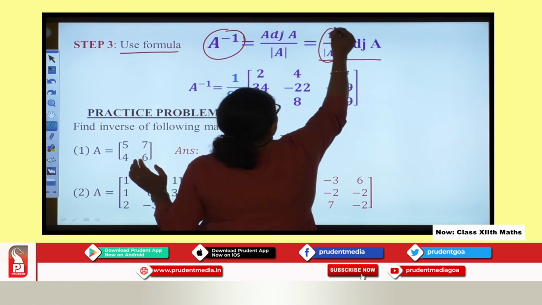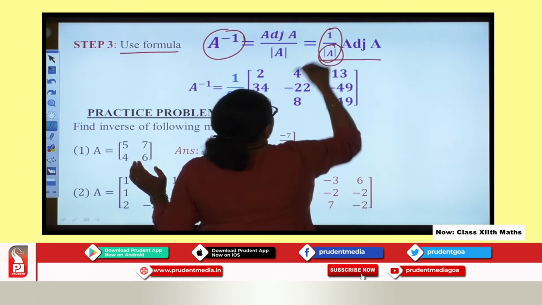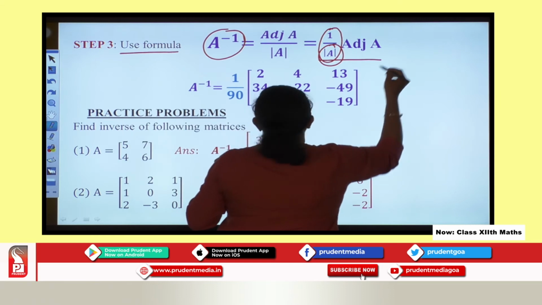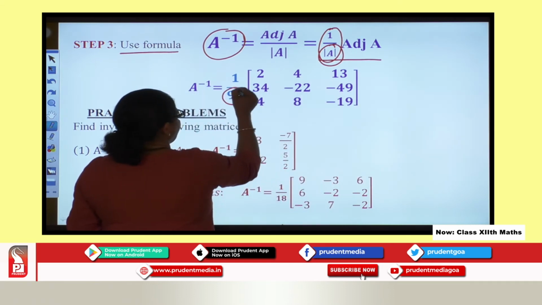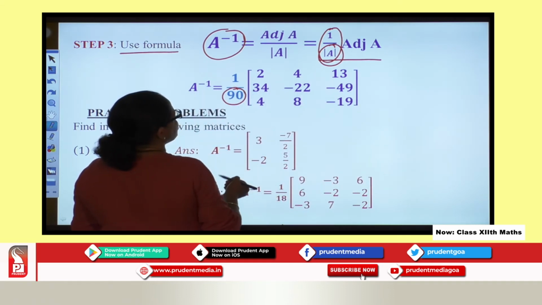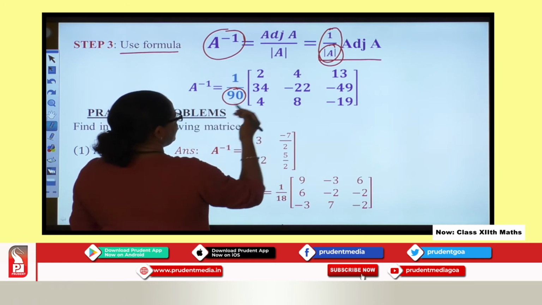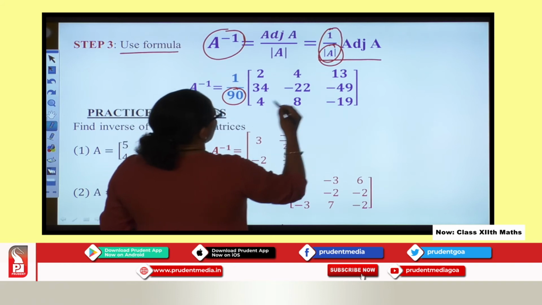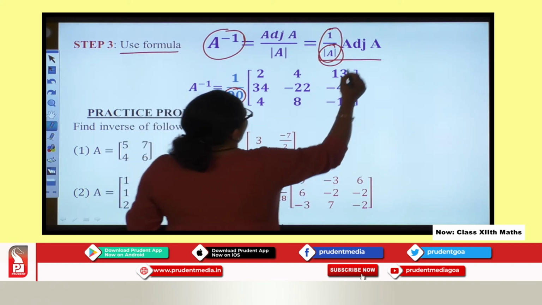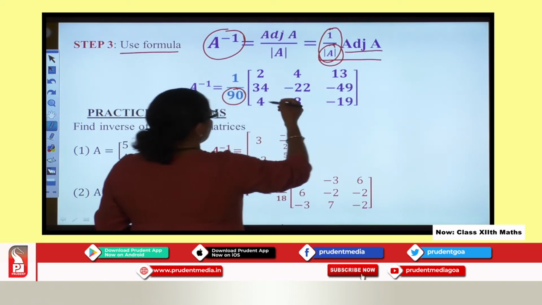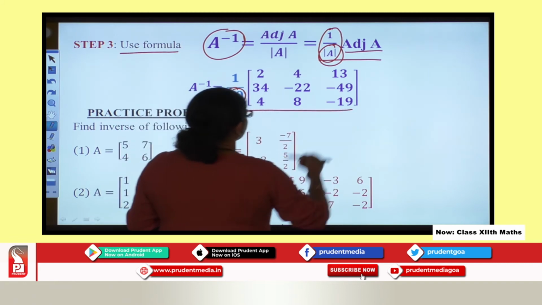We take the determinant of matrix A, which we got as 90. You can refer to the previous slide, where we found 90 as the determinant value, and we found the adjoint. That adjoint matrix I write.